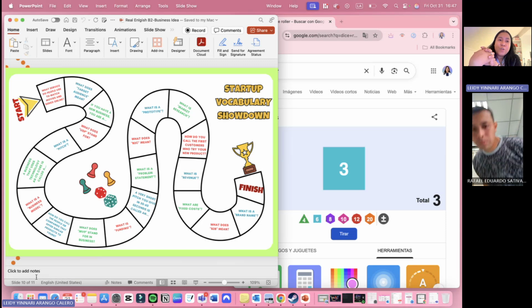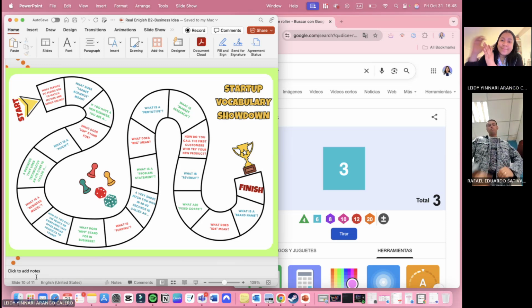So it could be, like in Spanish, lo mejor de la compañía o negocio o servicio. B2B es lo mejor.